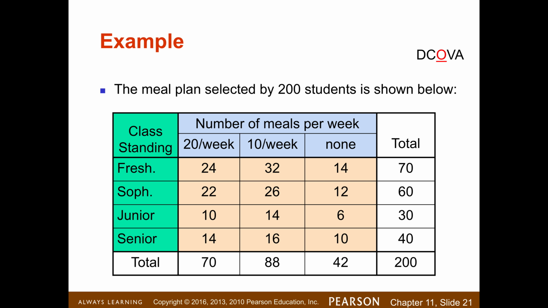So an example here that they ran through is class standing. And again, keep the eye on the prize here. All of our variables in chi-square are categorical. On the rows, we have class standing, classification: freshman, sophomore, junior, senior. And then they've categorized the number of meals per week as none, 10 per week, or 20 per week.